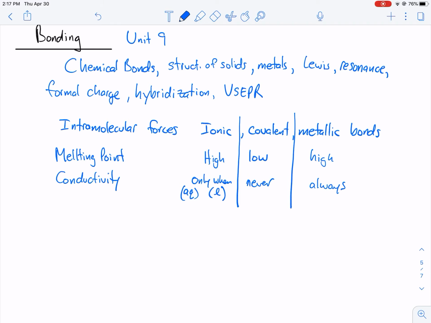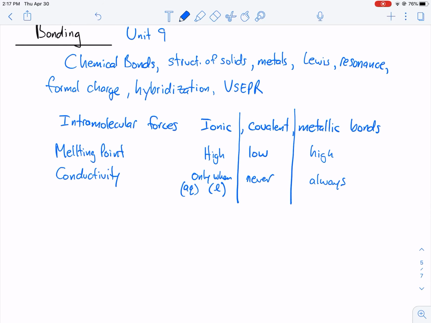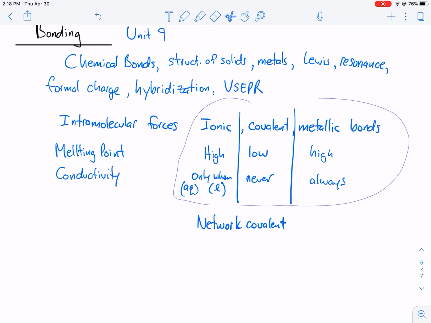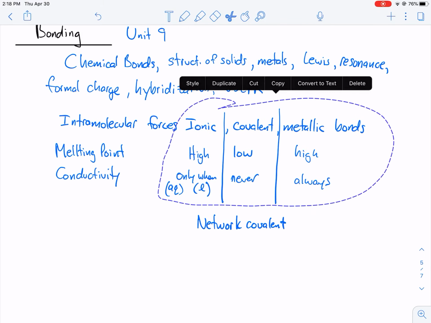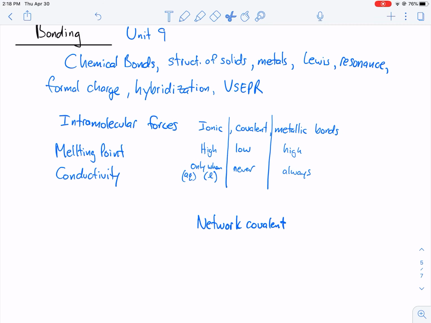Now, one other one that we probably should throw in here, and that would be network covalent. We don't want to forget about those. Maybe I should have made better space here. Let's scoot this over and shrink it down a little bit to see if we could get the network covalent to fit in over here.